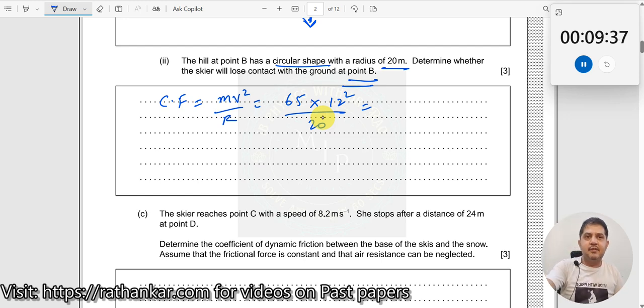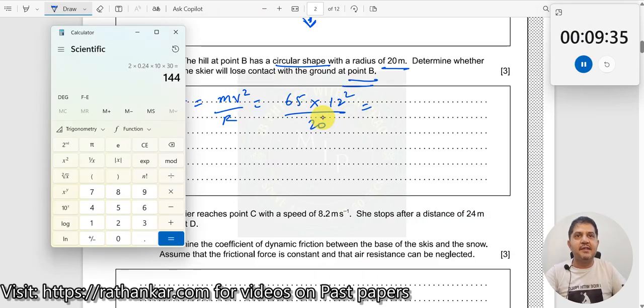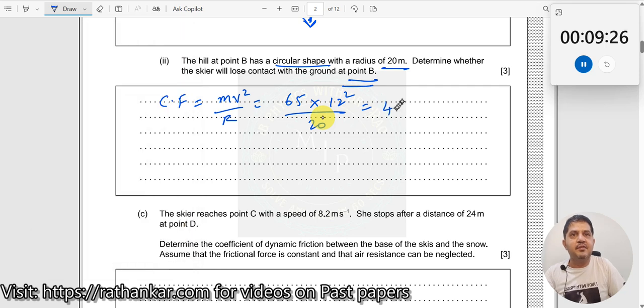When I do this, what is the answer I get? Let me take my calculator once again, which should be 65 times 144 divided by 20, which should be 468. 468 Newton, I get this over here. So this is mv square by r. But what do I need here?